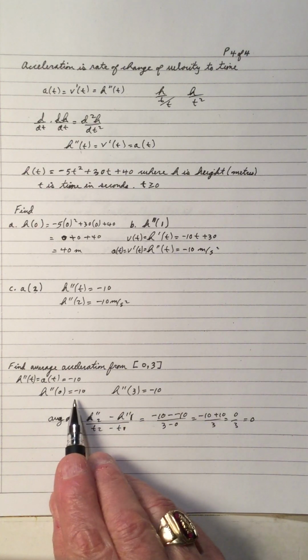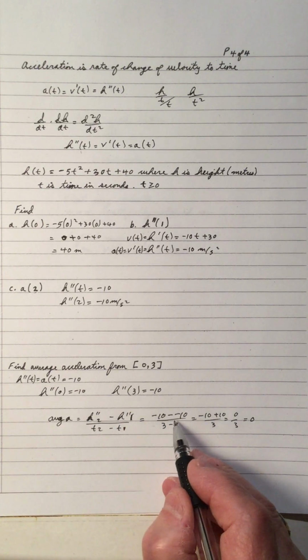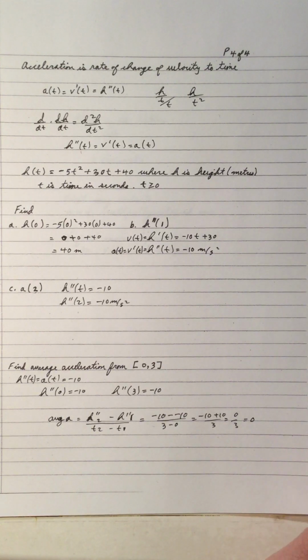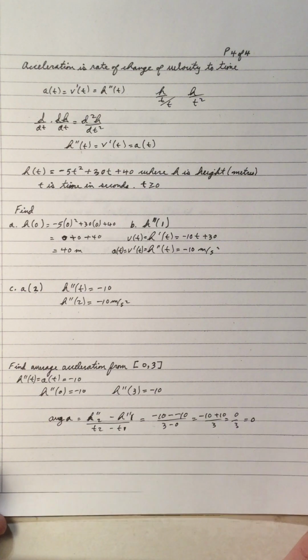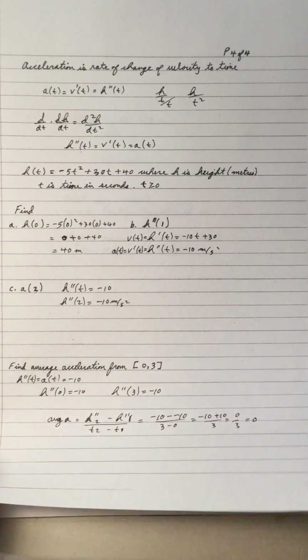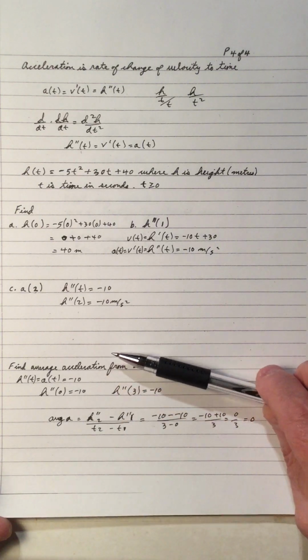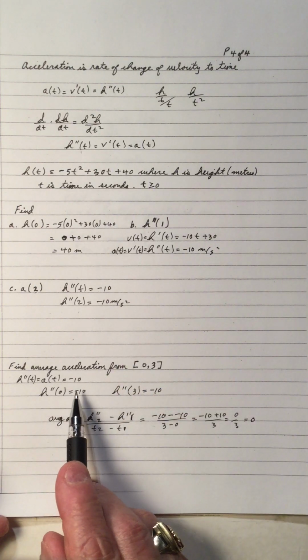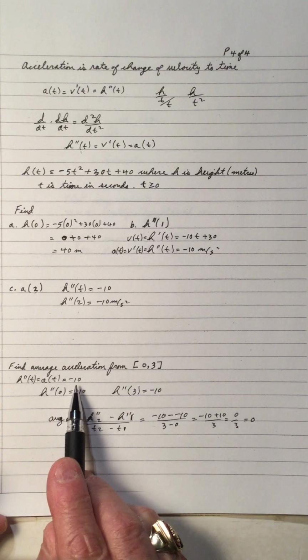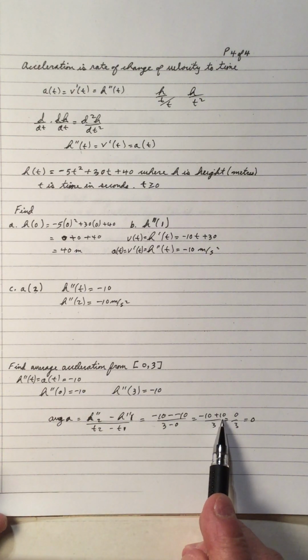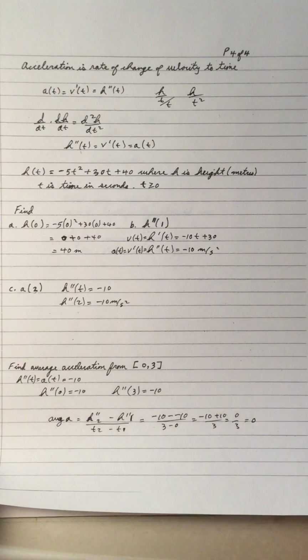There's no change in the acceleration, so it's 0. Negative 10 subtract negative 10 is 0, and 0 divided by 3 is 0.